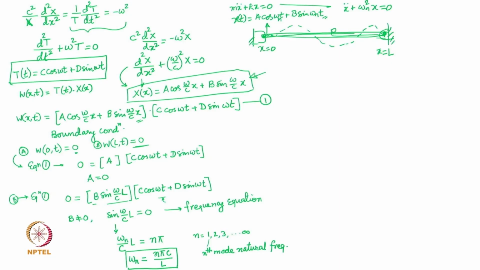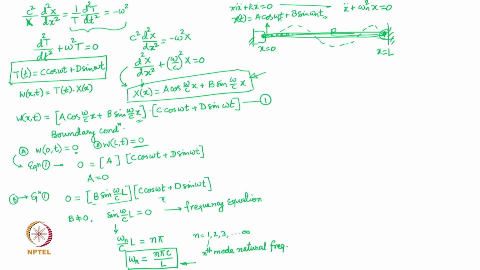In fact, we do not consider the inertia property to be discrete but continuous, and therefore instead of 1, 2, 10, 100, 1000 degrees of freedom, this is theoretically an infinite degree of freedom system, and therefore you can get as many natural frequencies as you want. In fact, theoretically or mathematically, you can get infinite number of natural frequencies.